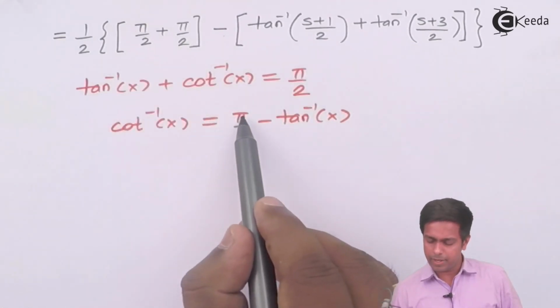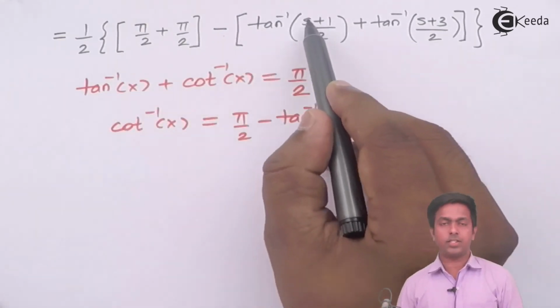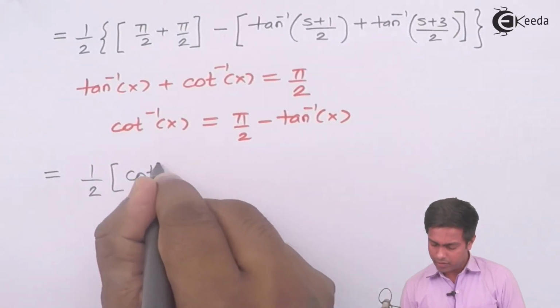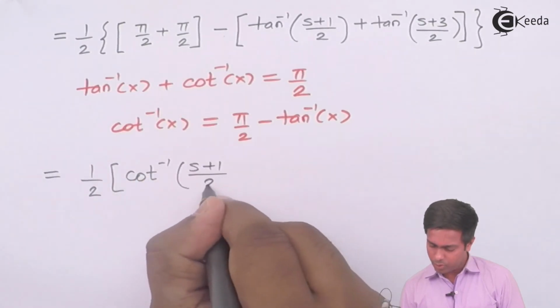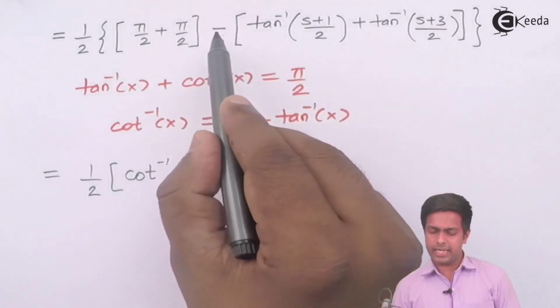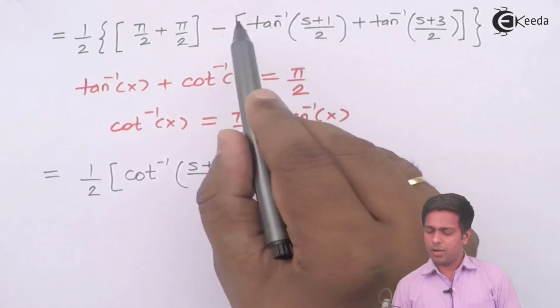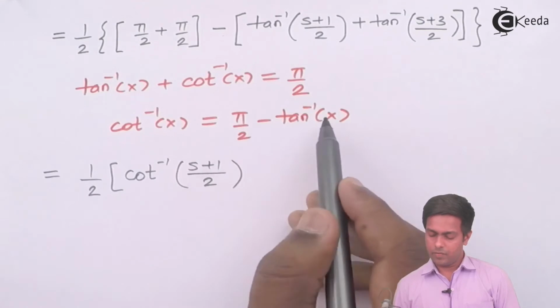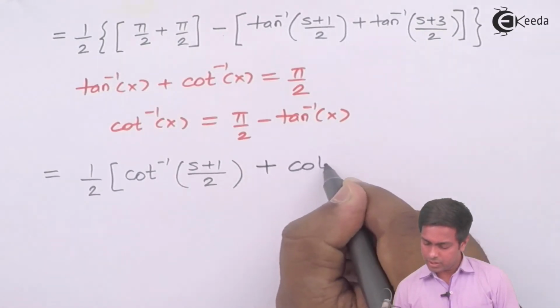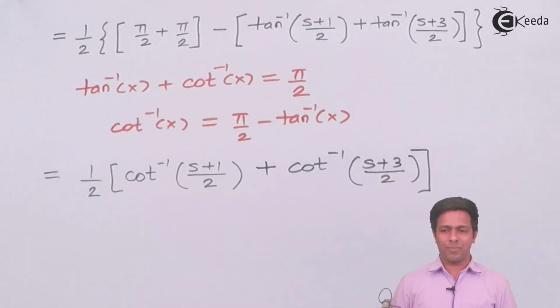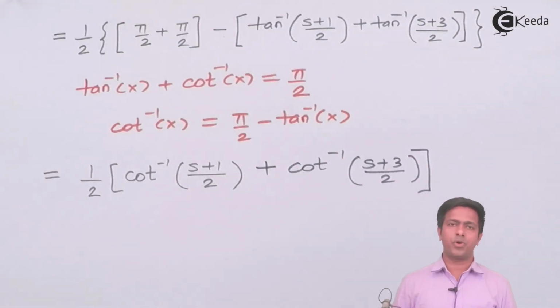So that is nothing but pi by 2 minus tan inverse of x, where x is this bracket. So guys, it is gonna give me cot inverse of (s plus 1) upon 2. Similarly, here I have one more pi by 2, and this negative sign will make this as minus tan inverse (s plus 3) by 2. So pi by 2 minus tan inverse will be cot inverse of (s plus 3) upon 2. So the final answer is 1 upon 2 [cot inverse (s plus 1) upon 2 plus cot inverse (s plus 3) upon 2]. Thank you.